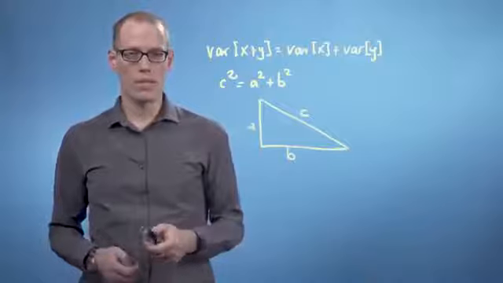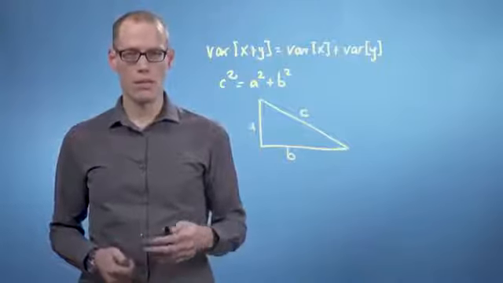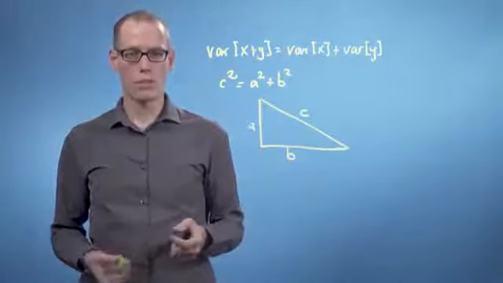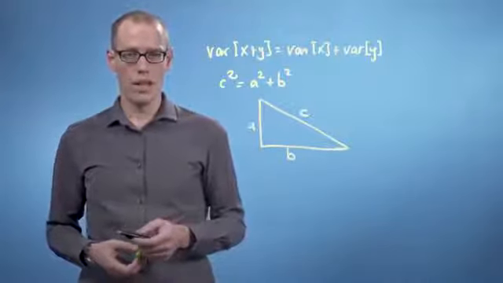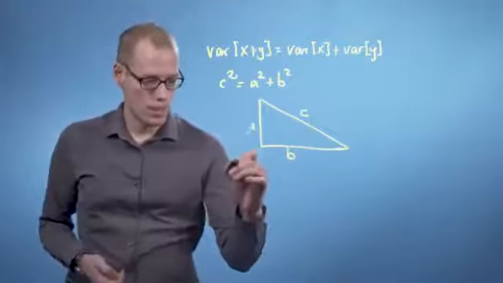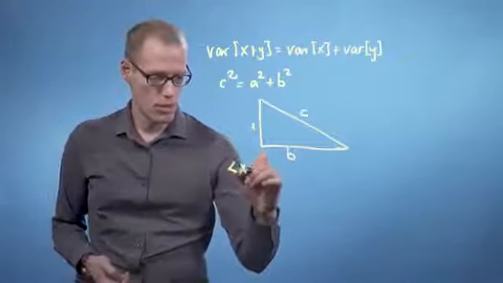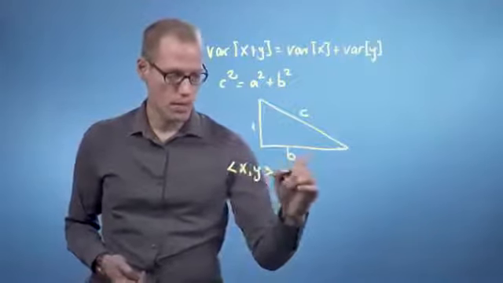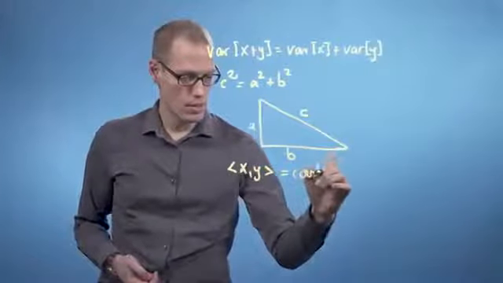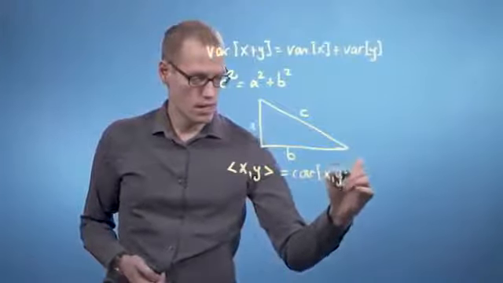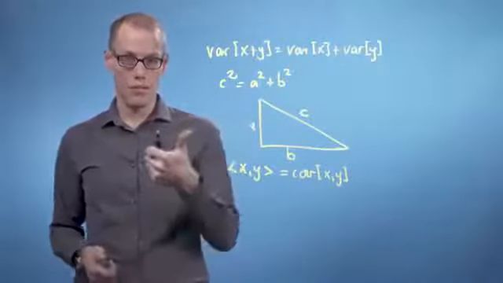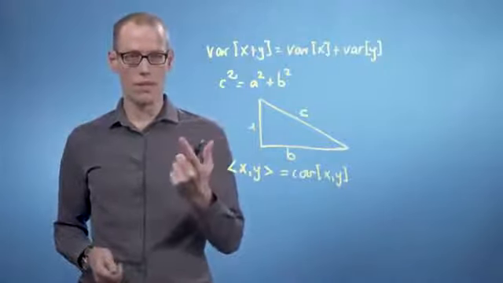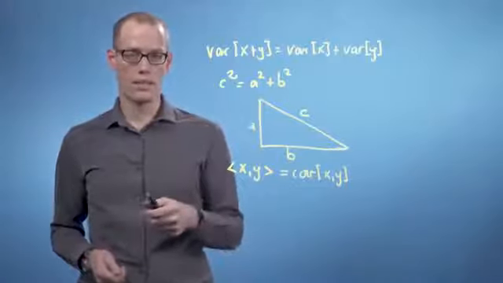Random variables can be considered vectors in a vector space, and we can define inner products to obtain geometric properties of these random variables. If we define the inner product between two random variables, so between x and y, to be the covariance between x and y, we see that the covariance is symmetric, positive definite, and linear.